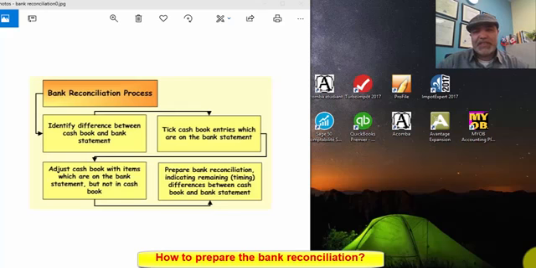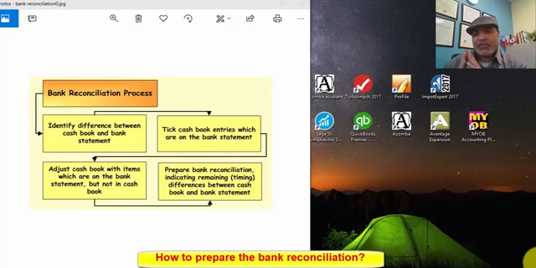What does it mean, the bank reconciliation? In a simple word, the bank reconciliation means the process of matching and balancing two closing balances. The first one will be related to the company cash book.